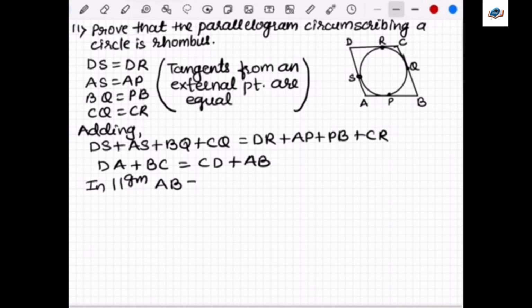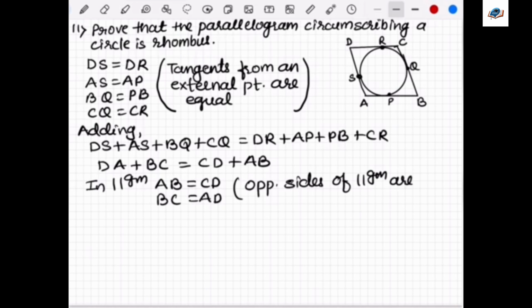Next question says a triangle ABC is drawn to circumscribe a circle of radius 4 centimeter such that the segments BD and DC into which BC is divided by the point of contact D are of lengths 8 centimeter and 6 centimeter respectively.